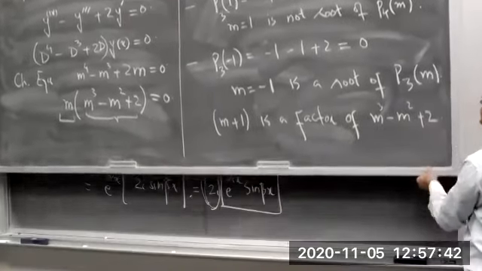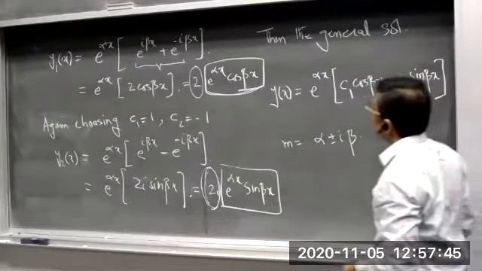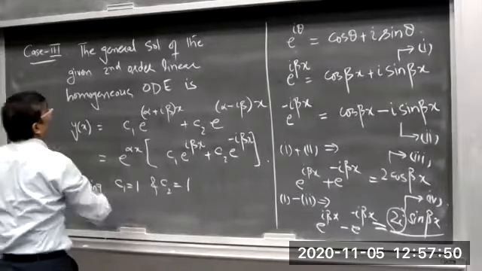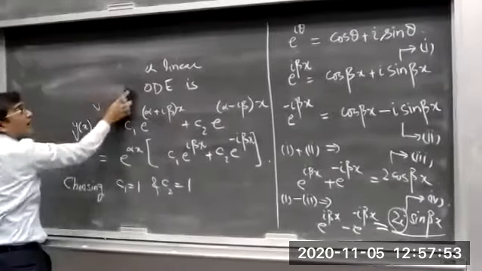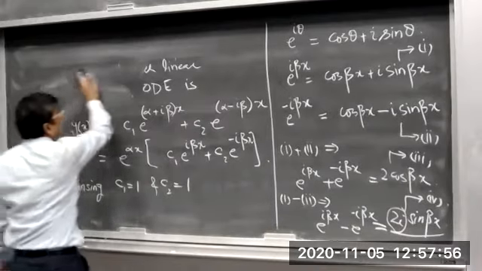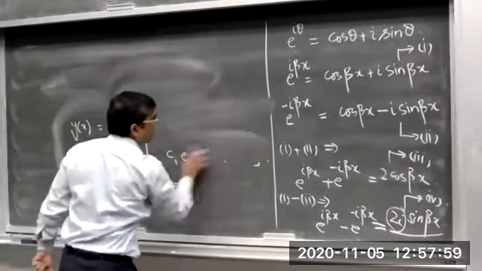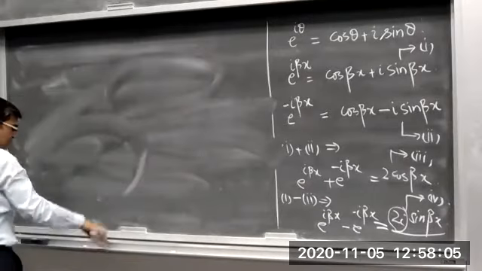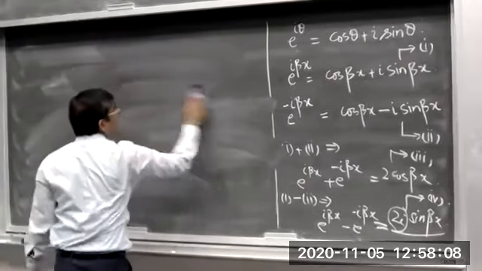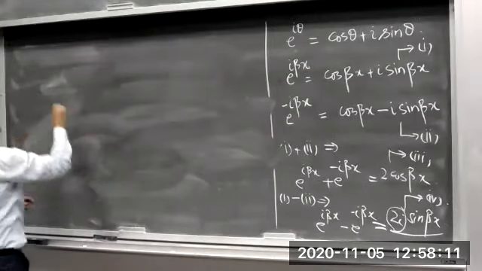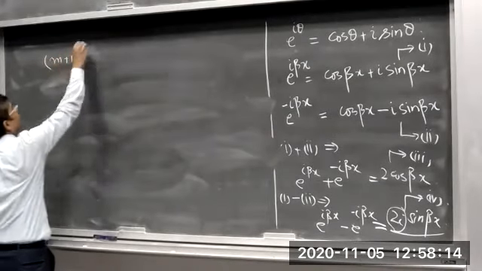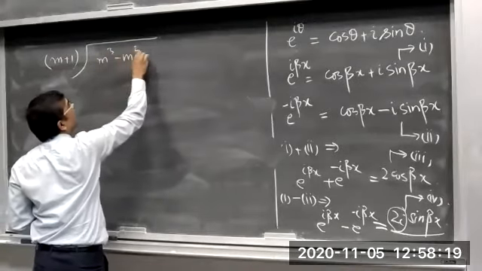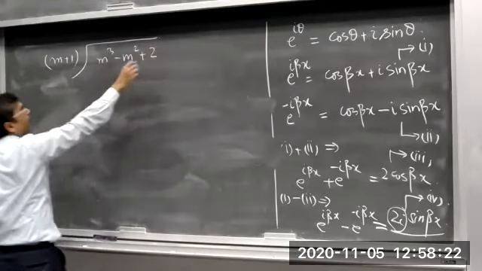So let us divide it: we divide m cube minus m square plus 2 by m plus 1.